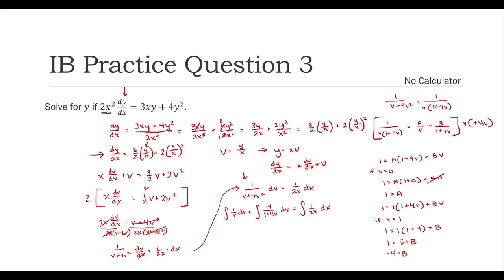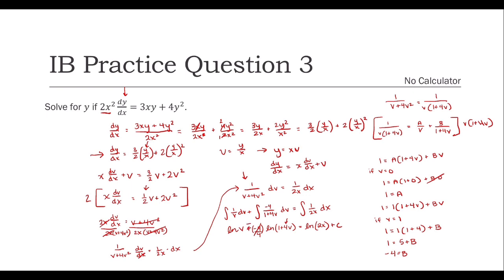So the integral of 1 over v dv is the natural log of v, plus we can pull our negative 4 out front, so we have negative 4 times the integral of 1 over (1 plus 4v), which is the natural log of 1 plus 4v. And then we need to do the reverse chain rule. So instead of multiplying by 4, we're going to divide by 4. And that'll equal the natural log of 2x, plus C. So this simplifies to negative 1.